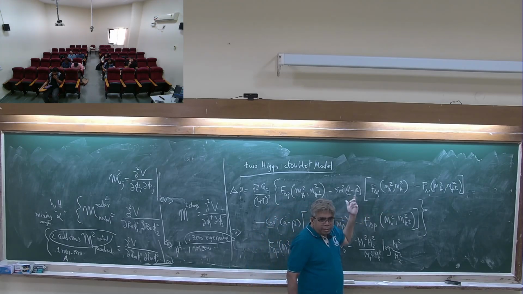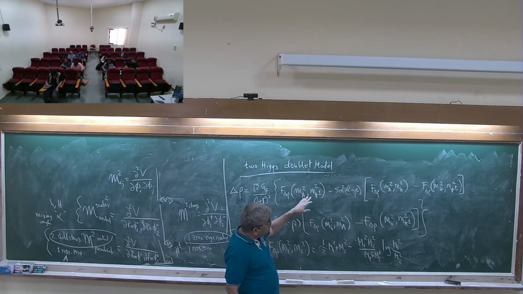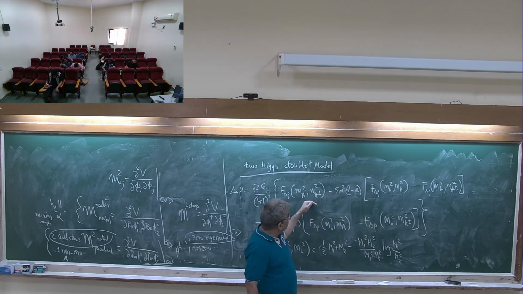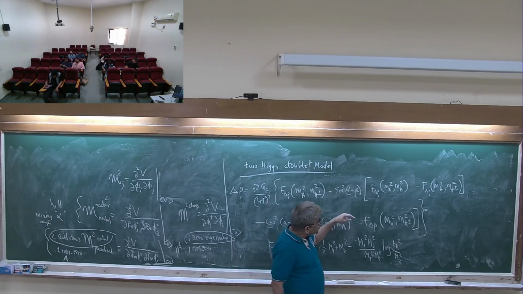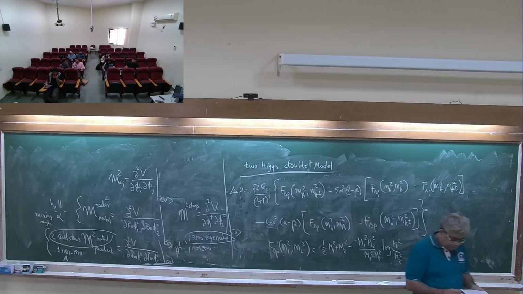So any two sets should be degenerate. Either the heavy neutral Higgs and pseudoscalar should be degenerate, or the pseudoscalar should be degenerate with the charged Higgs, or this should be completely degenerate. If some of them are degenerate, this will end up being very close to 1 essentially.